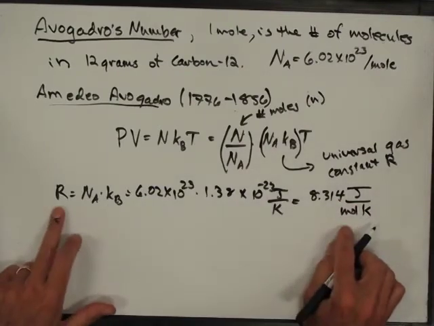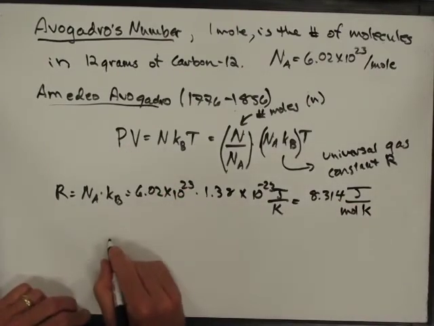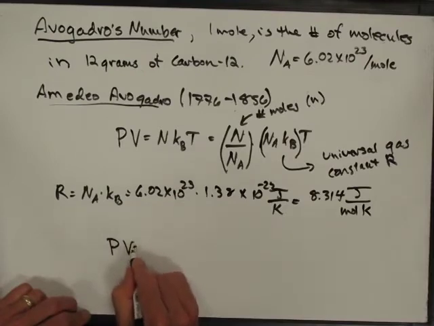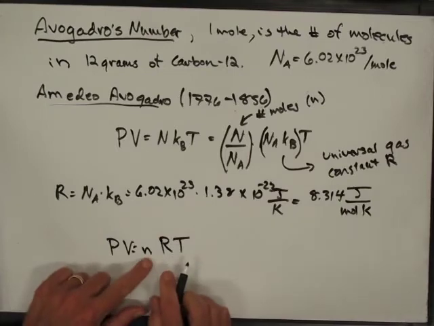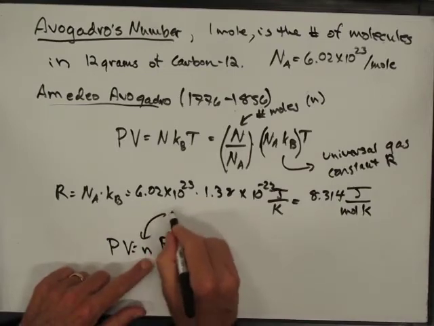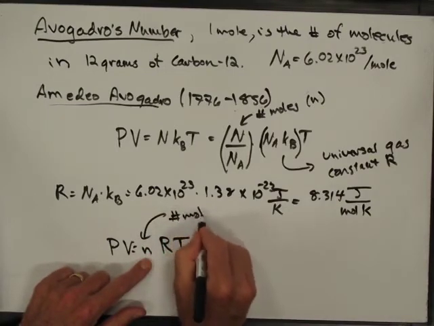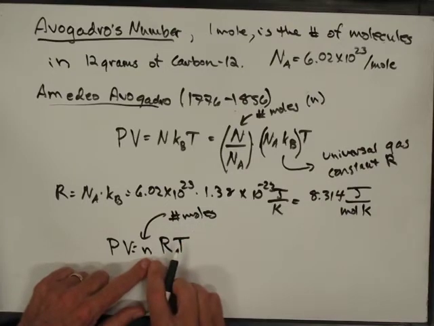And that's the ideal gas constant. And so the ideal gas law equation becomes PV equals nRT, where n is the number of moles, a more manageable number, and R is the universal gas constant.